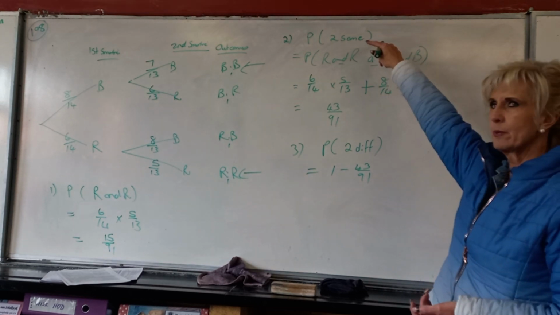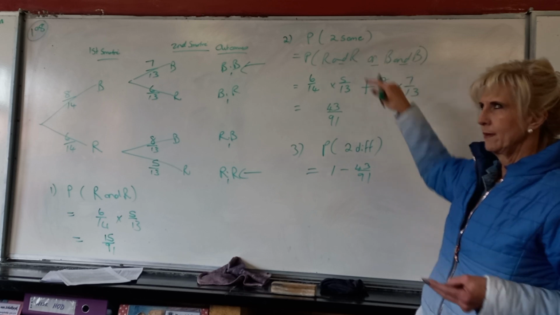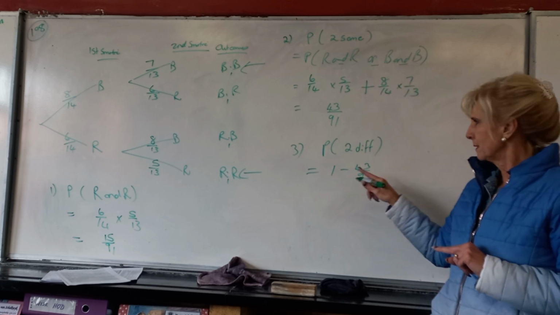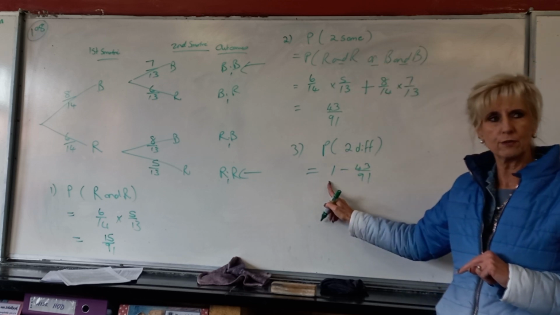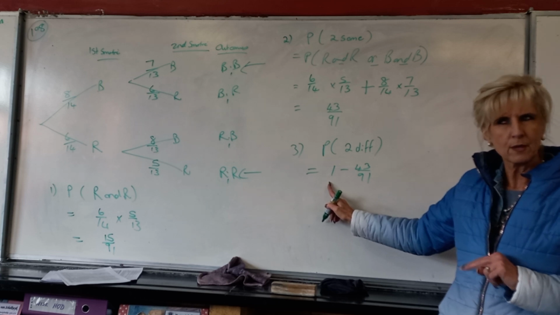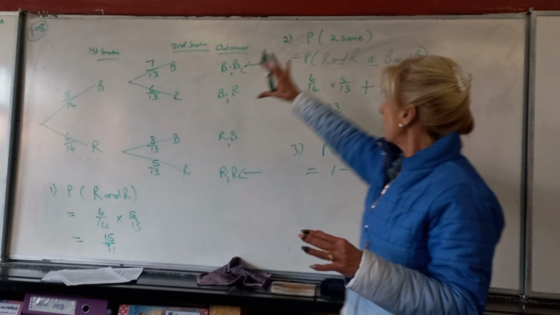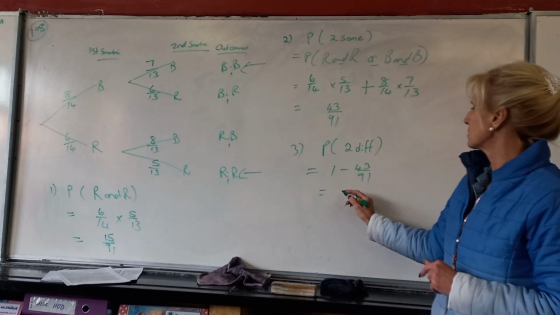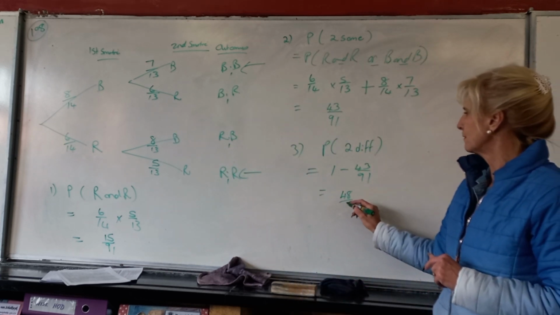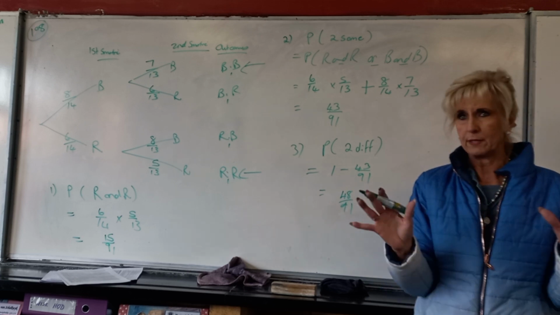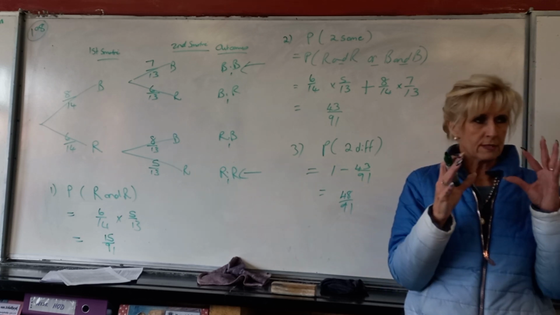Because if this is the probability of having two of the same, then not the same has to be the rest, getting it added to. Does it make sense? Yes. Would you get perfect marks by doing B and R and R and B like you did there, and you'll still get to your answer of, I think it's 48 over 91? Yes. Perfect. But are you gathering this?